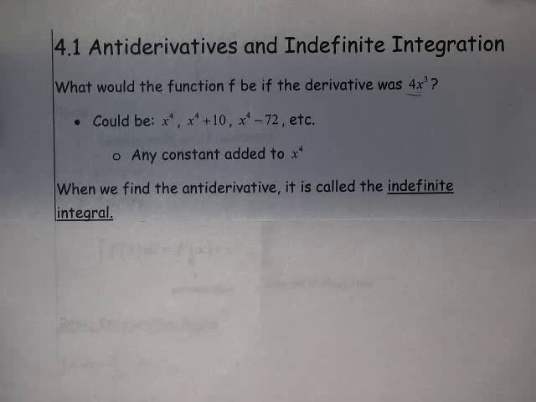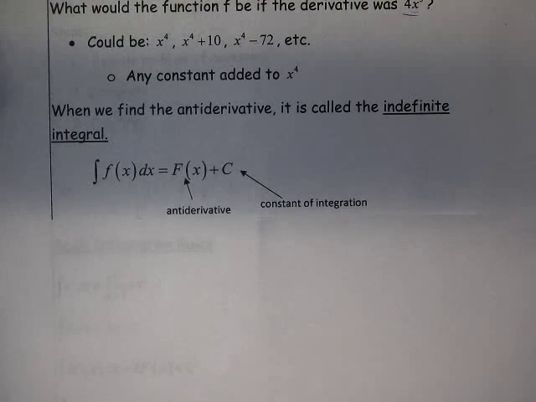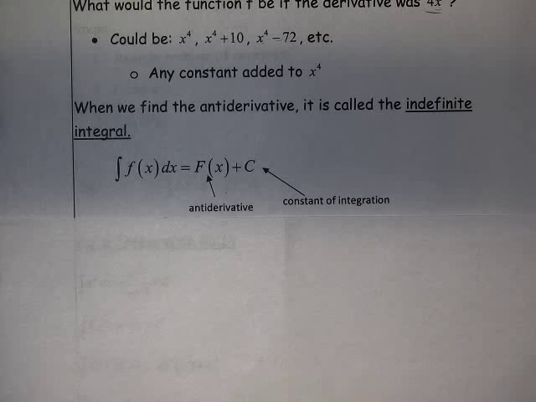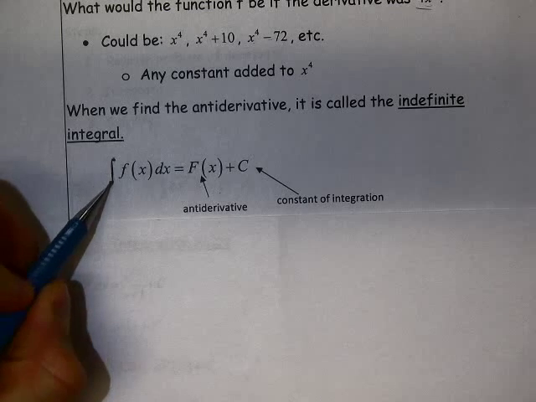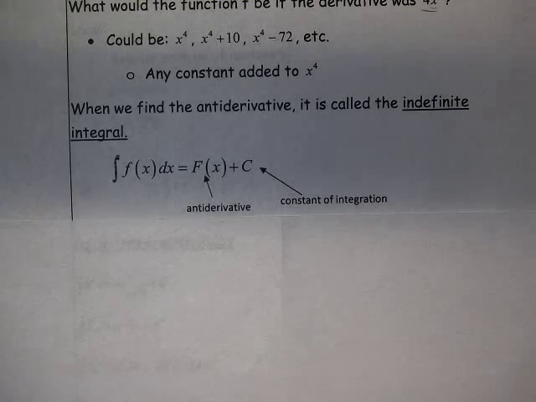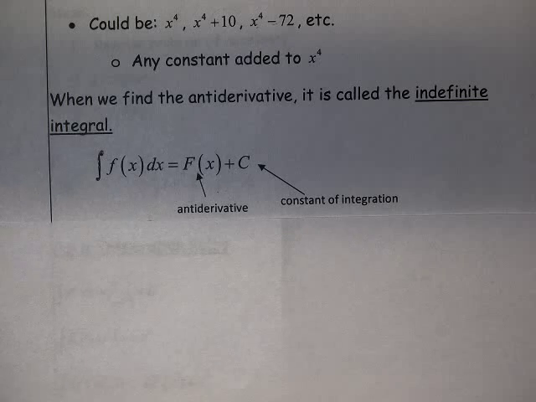When we find the antiderivative, we call it an indefinite integral. Let's take a look at the notation that we have here. We use this symbol here. This is the integration symbol. It looks kind of like a stretched out S. In a lot of ways, an integration is a summation, which is kind of where it comes from.